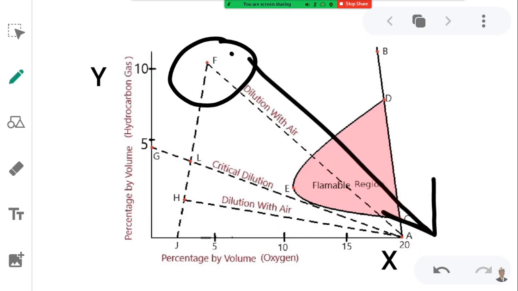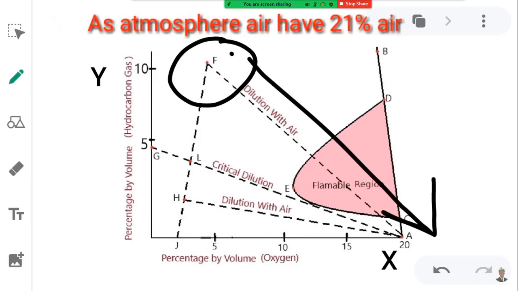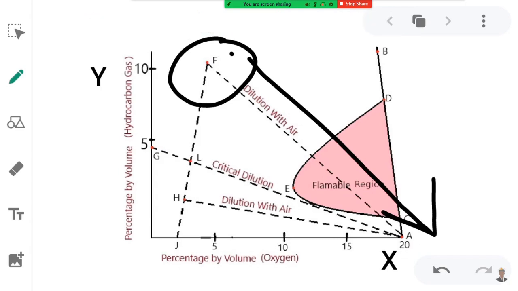So if oxygen is added to that tank, or dilution with air is done, it will follow this line, as atmospheric air contains 21% oxygen, which is clearly known to us. So it will follow this line through F and reach the point A, which is the 21% oxygen.